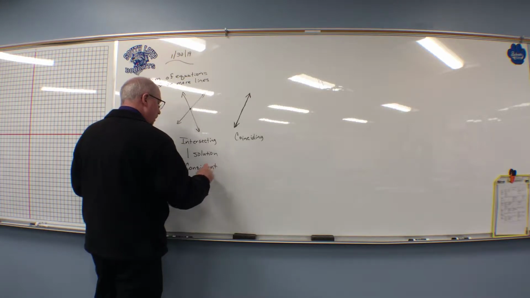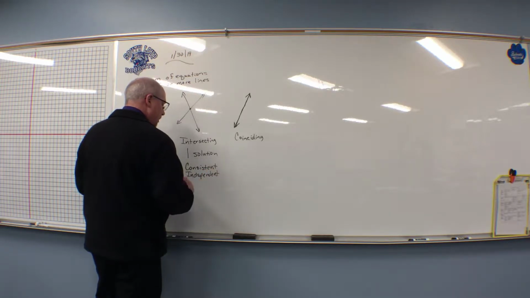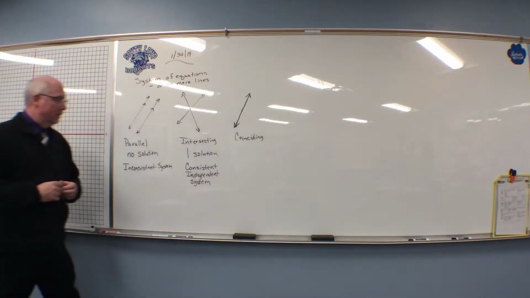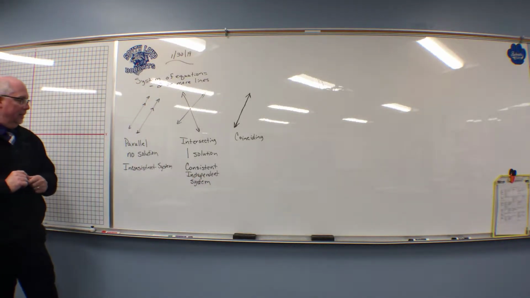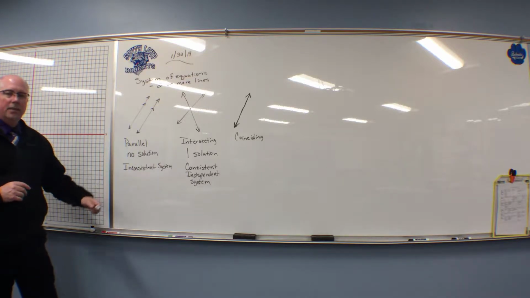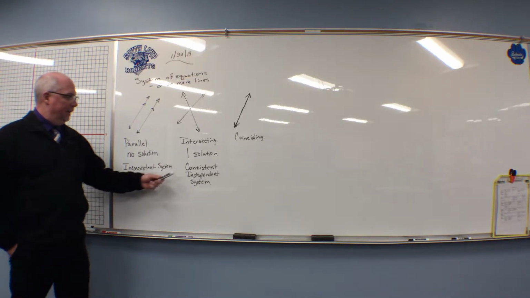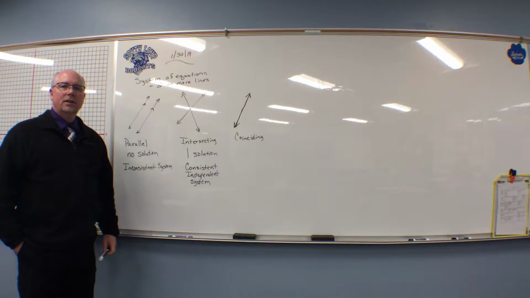And then it has a really weird word, independent. Consistent, independent system. That's what this is called. Consistent is C-O-N-S-I-S-T-E-N-T. The reason it's called independent is the lines are different from each other. They just happen to run into each other, right?